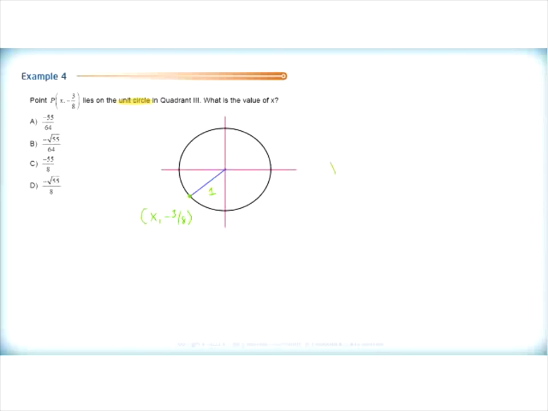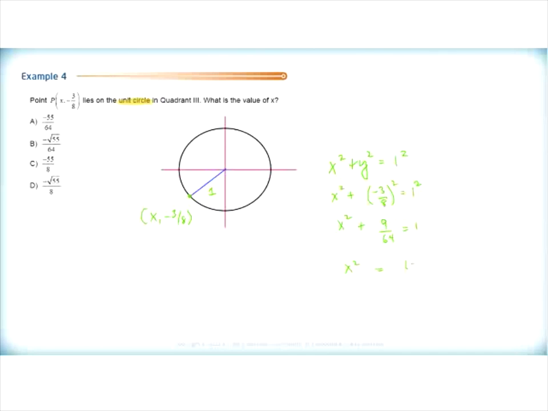So again, we're going to do x squared plus y squared equals 1 squared, because it is a unit circle. X squared plus (negative 3 over 8) squared equals 1 squared. X squared plus 9 over 64 equals 1.